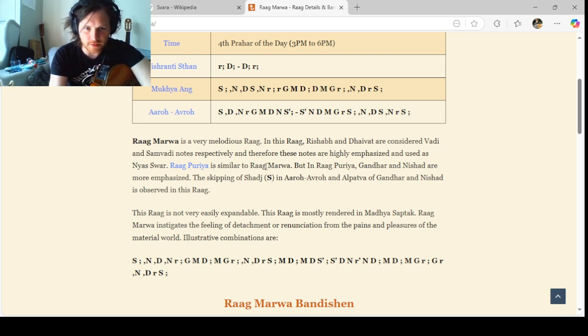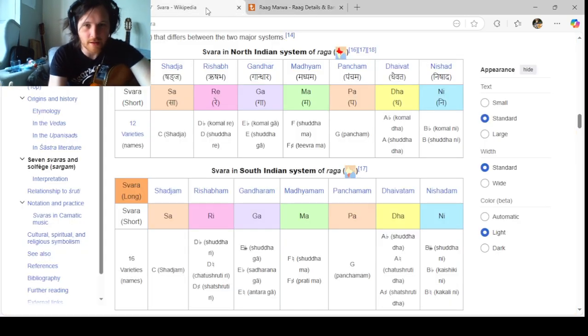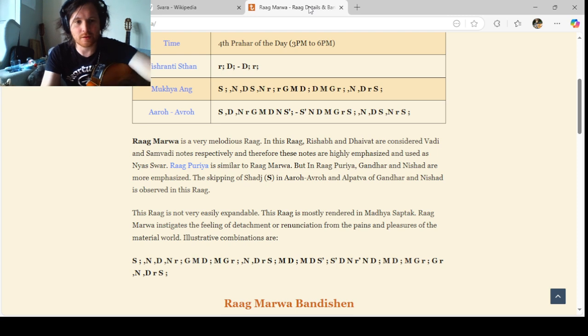Raag Puriya is similar to Raag Marwa, but in Raag Puriya, Gandhar and Nishad are more emphasized. Well, we're not going to look at that, but they are, again, two different notes, the Ni and the Ga, or let's say it's the E and the B. So the 3 and the 7. Not very easily expandable.